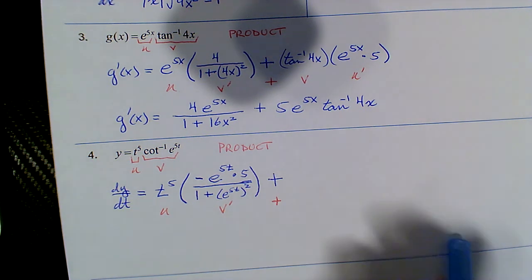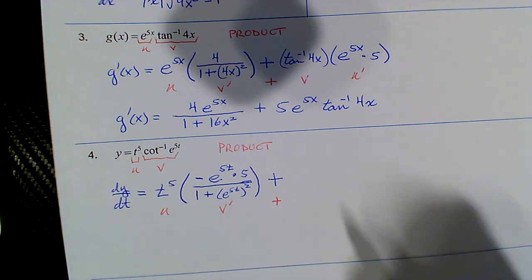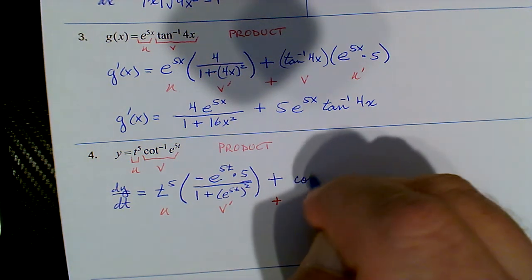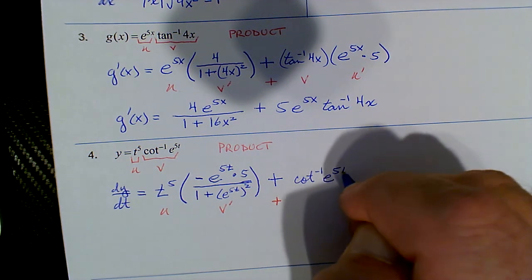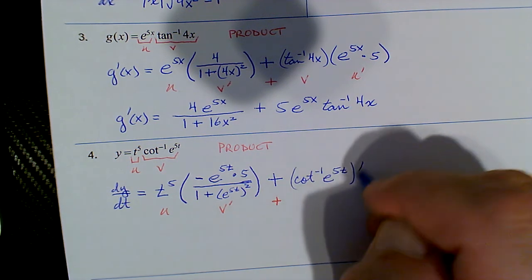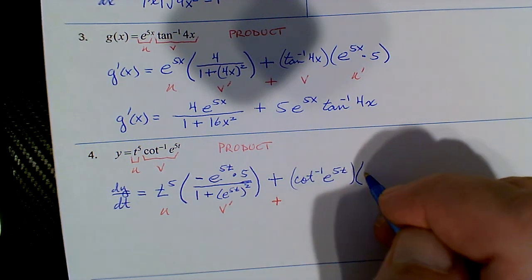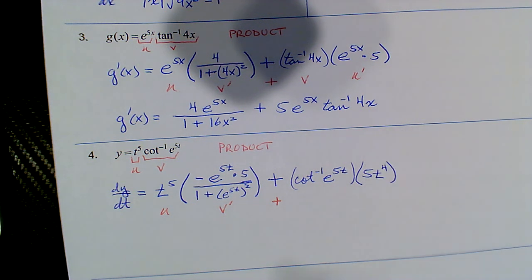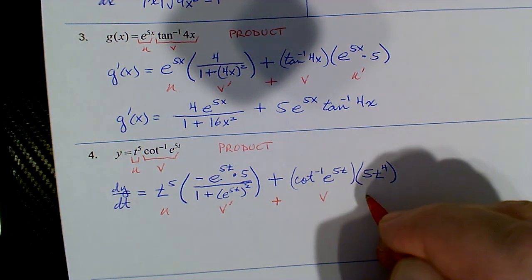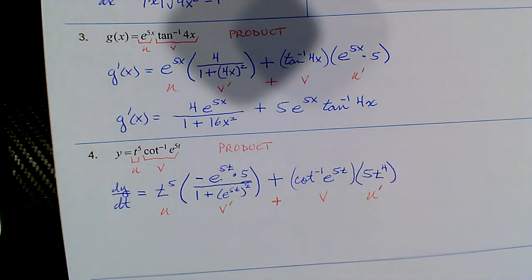But now we need to finish it up, of course. Plus v, second factor, inverse cotangent of e to the 5t, and then times the derivative of the first, and the derivative of t to the 5th, just simply 5t to the 4th. And that finishes up the product rule with our v and our u prime.